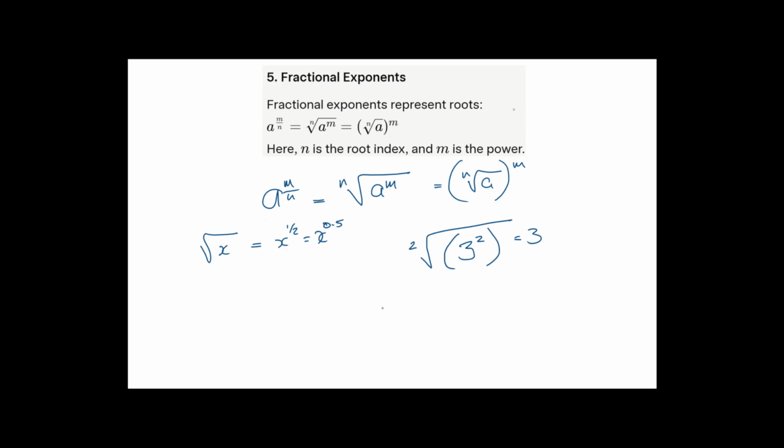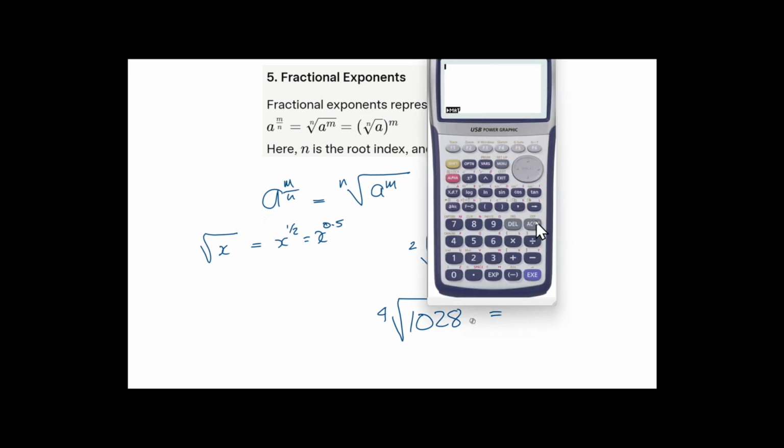Let's do another one. Let's say we want to find the fourth root of 1028. Now I don't know what that is off the top of my head. I suspect I do know. But how are we going to do it on our calculator?